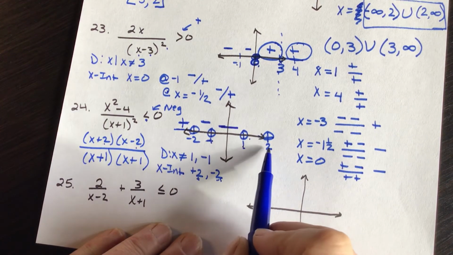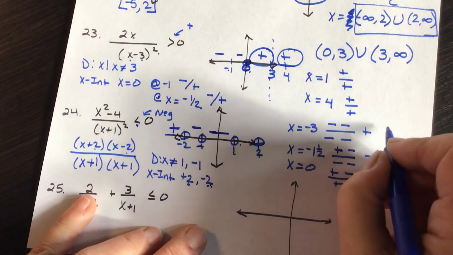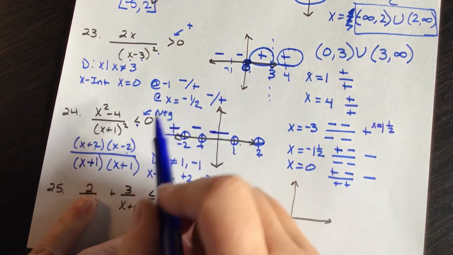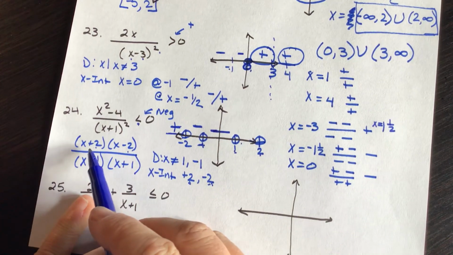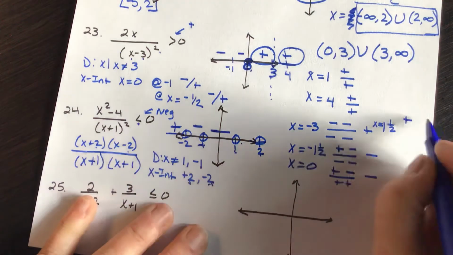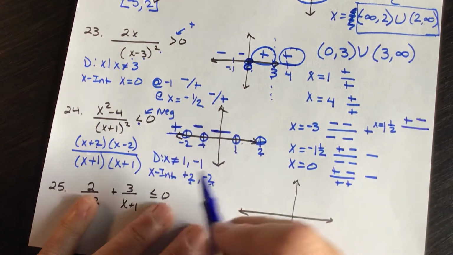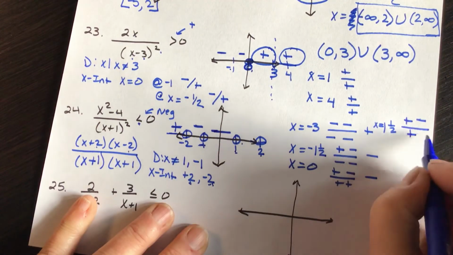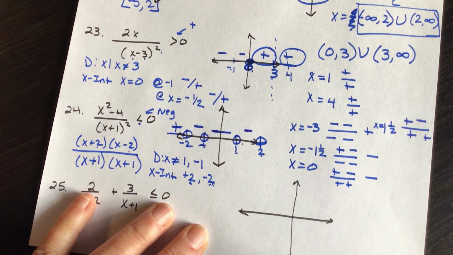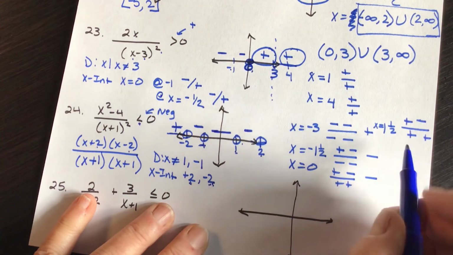Between 1 and 2, let's choose 1.5. 1.5 plus 2 is positive. 1.5 minus 2 is negative. And 1.5 plus 1 is positive, so this is negative. I'm thinking I might have made some kind of error, but I'm going to check here in a second.